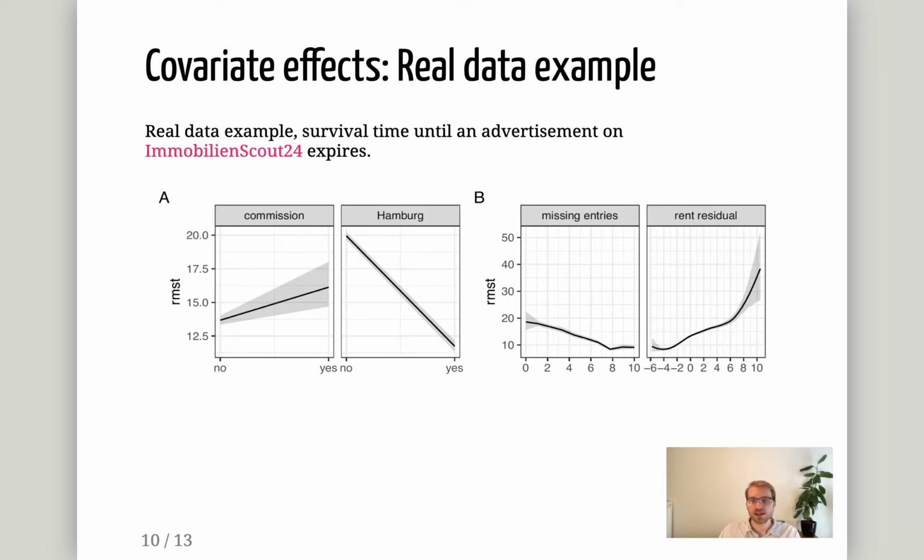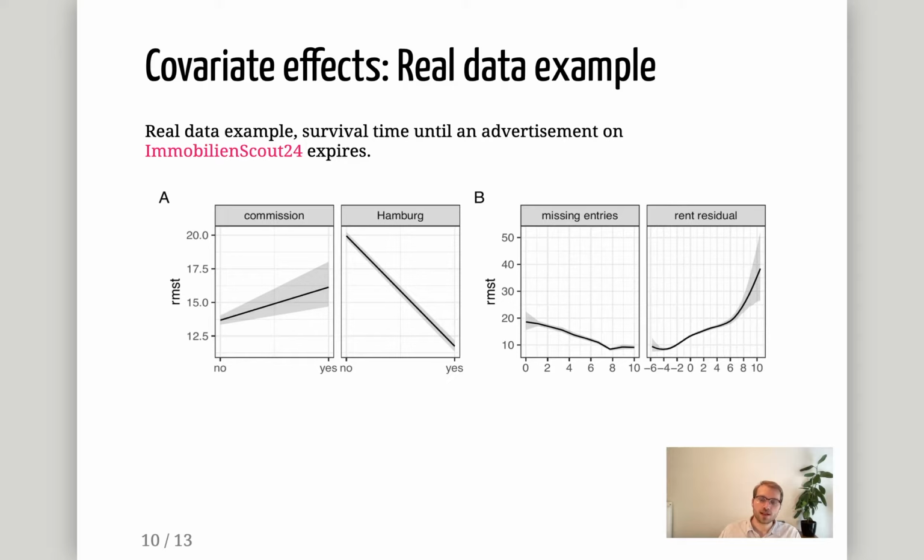This shows the partial dependence plots for the application from the paper. The application looks at survival times of advertisements on Scout24, which is a homepage where people can offer apartments for rent.